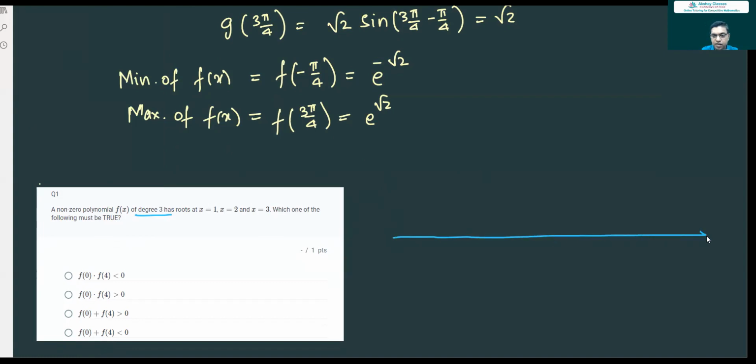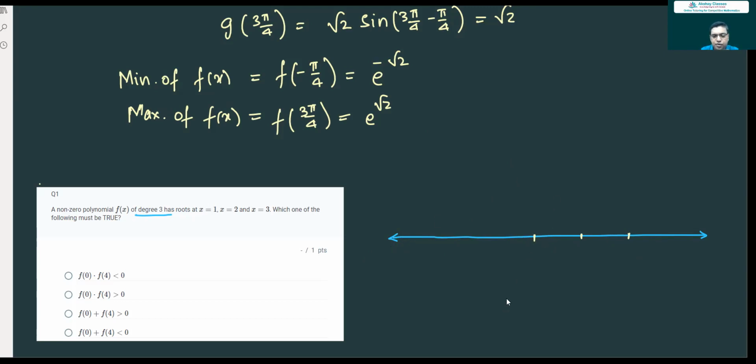It's not that the derivative has roots, the function has roots. The function has roots at x equal to 1, at x equal to 2, and x equal to 3. Now nothing is said about the coefficient of the highest degree term. Doesn't matter. So there are two possibilities.